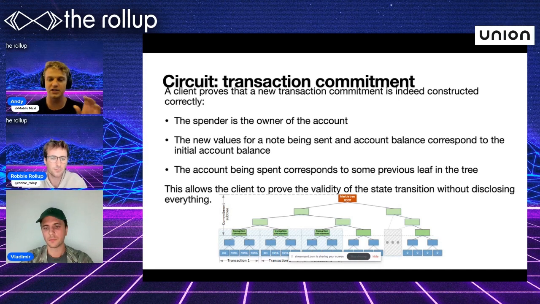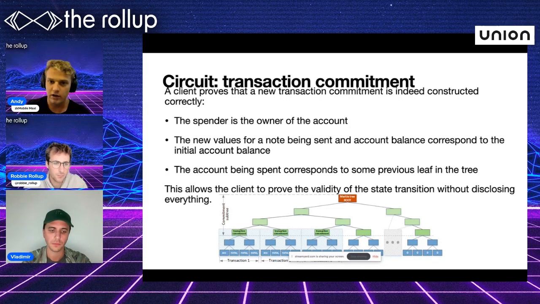So based on this operation here, basically what we have is that there's a new transaction being created, and it is verified that it is indeed correct. And coming on to the next slide, we have that the sequencer proves that this new Merkle root is indeed correct and corresponds to that set of commitments.